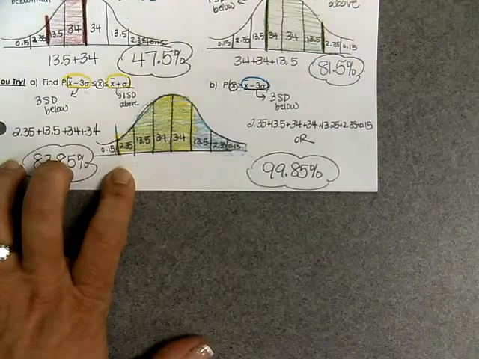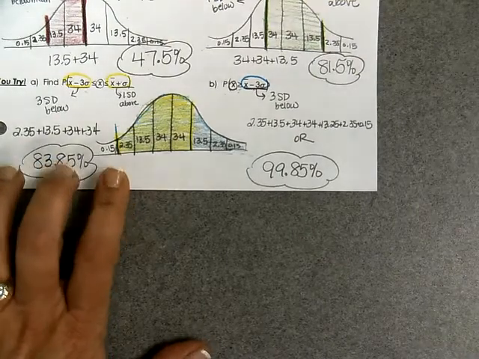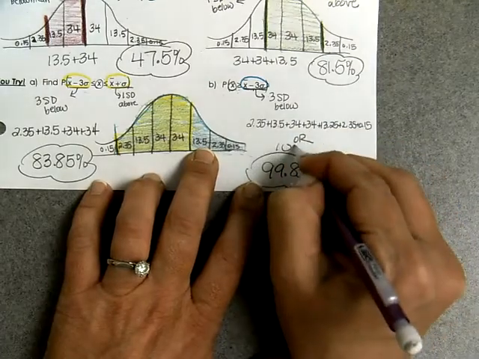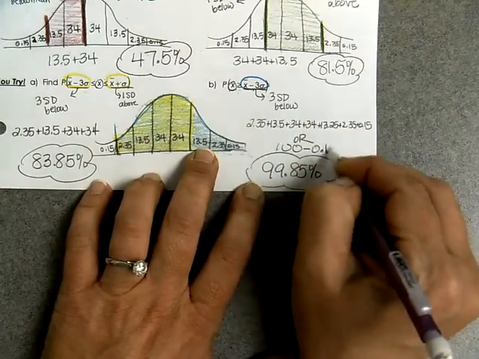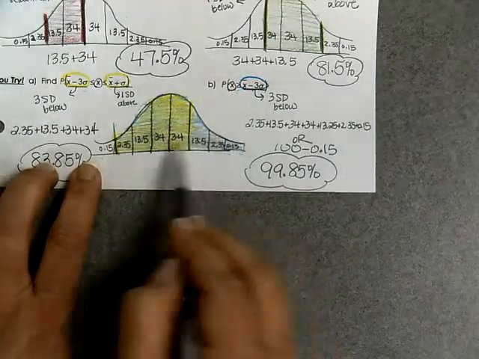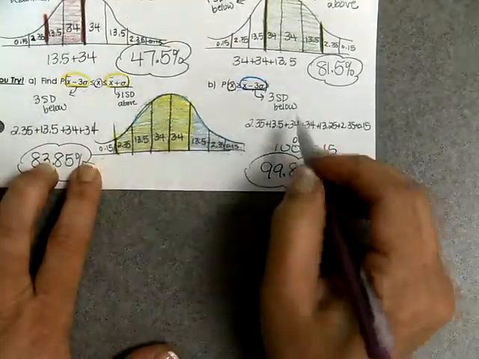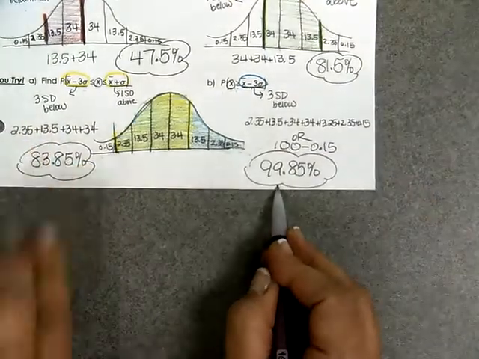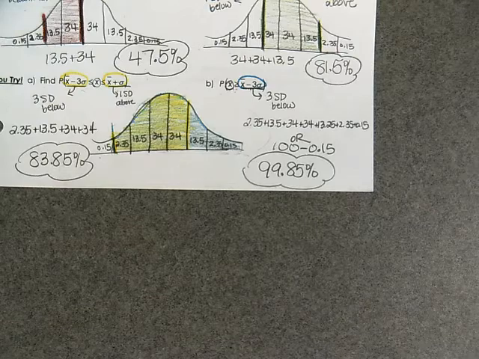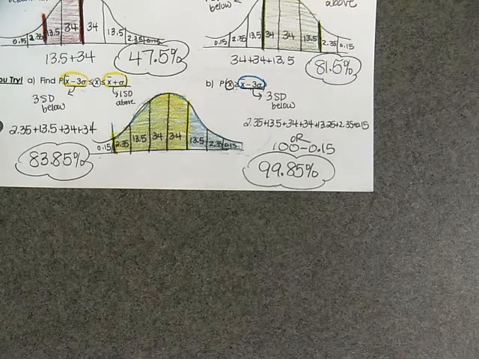Or what would be faster? Yeah. Can't we take 100% minus that 0.15? Isn't this the only thing that's not covered? And remember, we said that whole curve was 100%, and that's just a little faster way for us to get the 99.85%. Okay. Any questions on that?